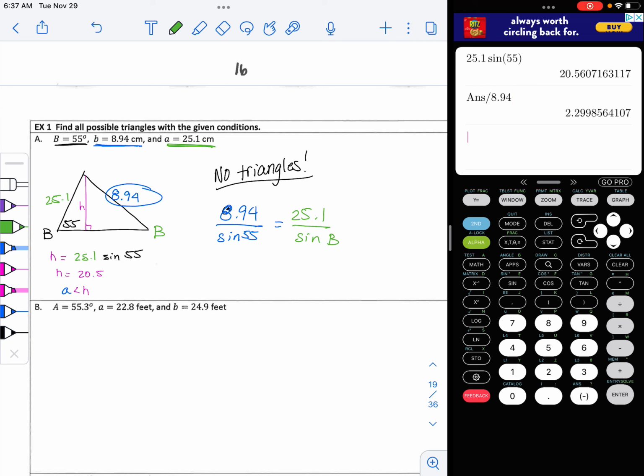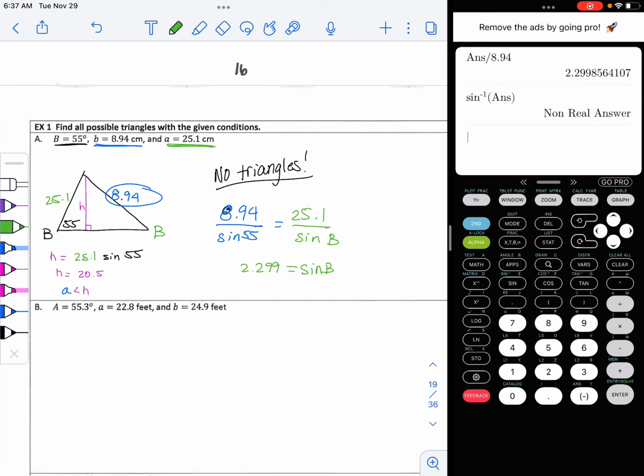You're going to see that we get sine of angle B to come out as 2.299. Guys, that's outside of sine's range if you think about the graph. So it only makes sense that if you try to do inverse, they're going to tell you this is not possible. So even if you didn't solve for that height first, your work would get you the same answer.